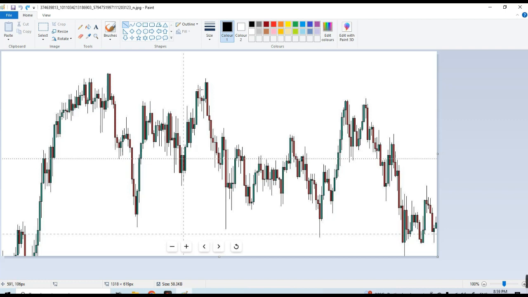Then the price went back up and came back down. You have your break of structure right here. Then your QML is somewhere around here, and then the price went up into this area before it dropped. So you will have your entry area right here.